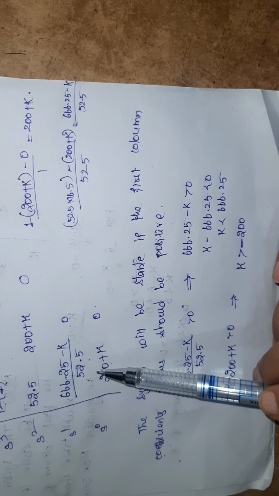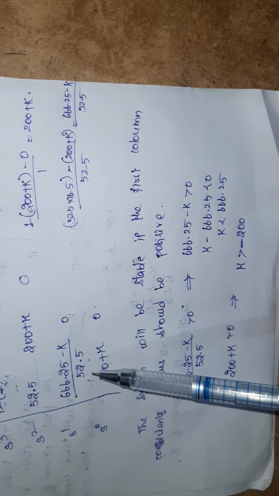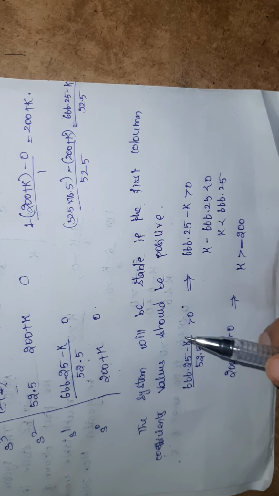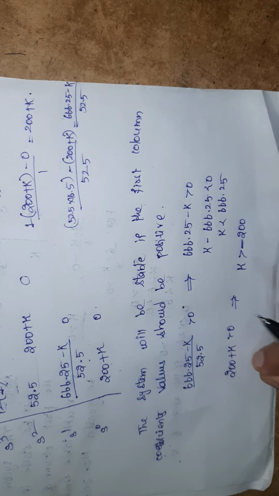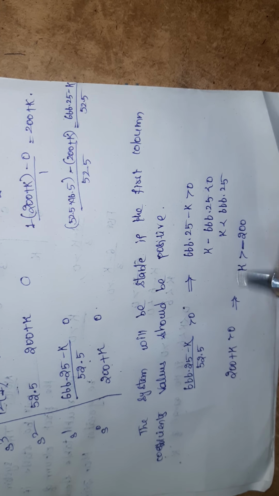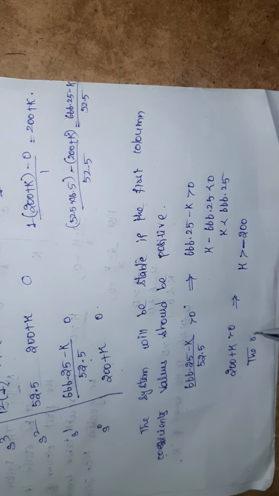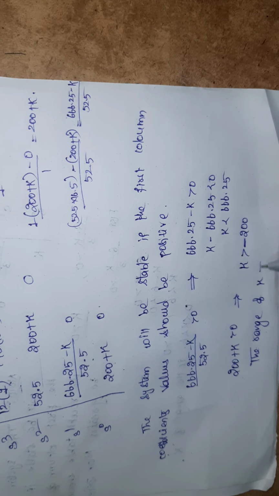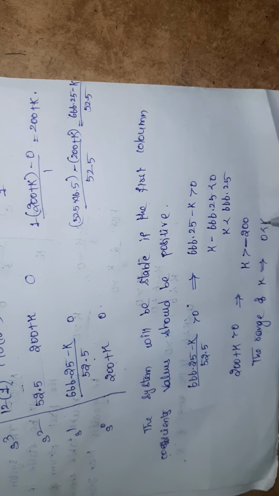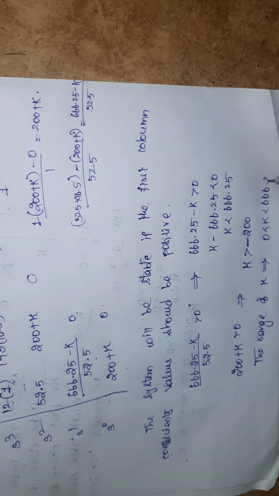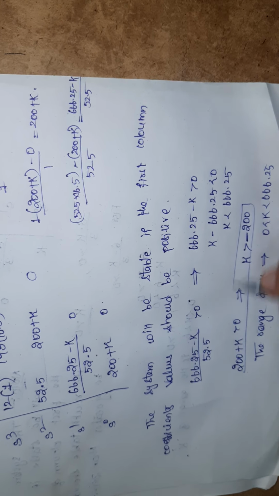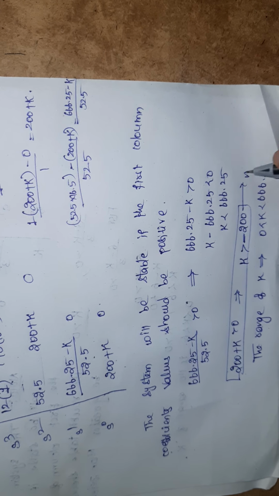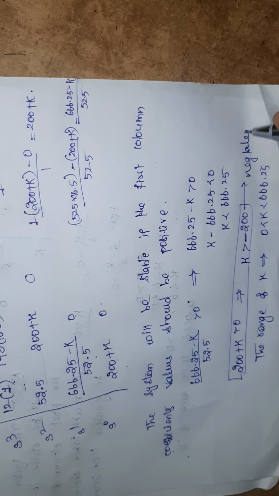We should not get the value negative. So k should be greater than 0. The range of k now is in between 0 less than k less than 666.25, and this condition is neglected.